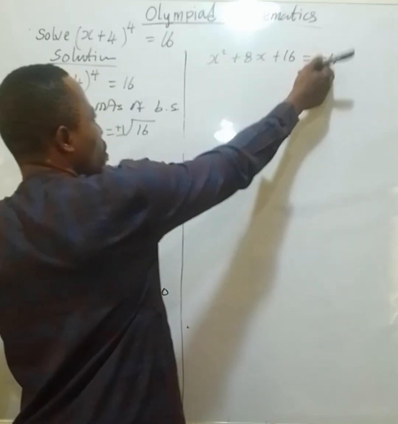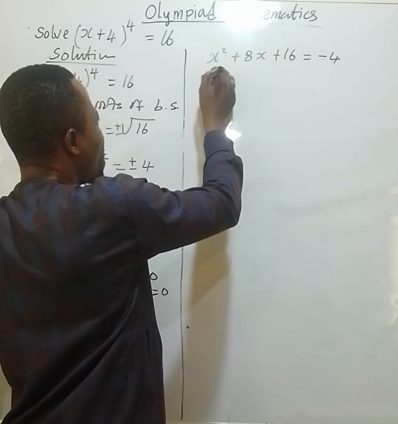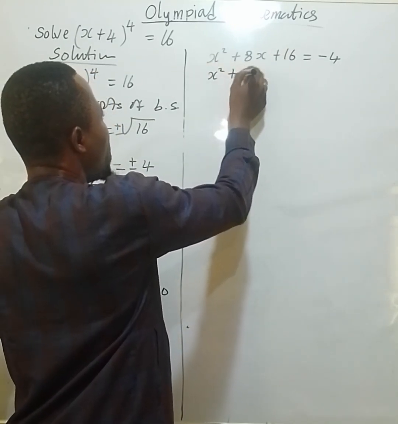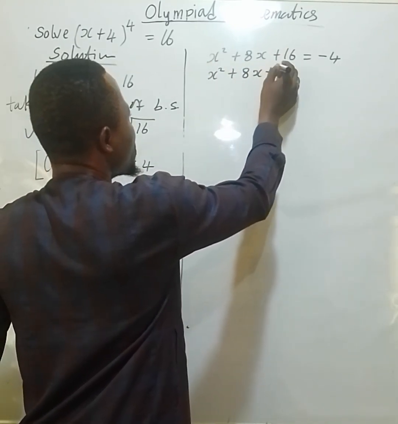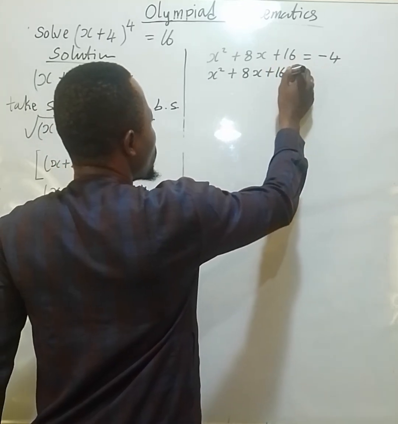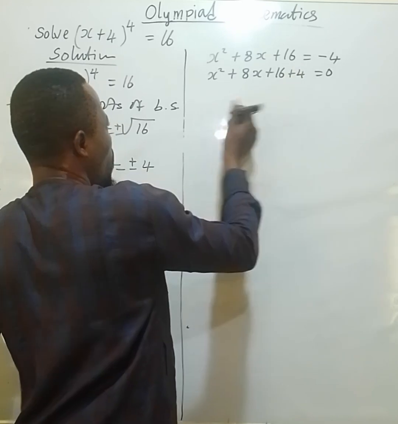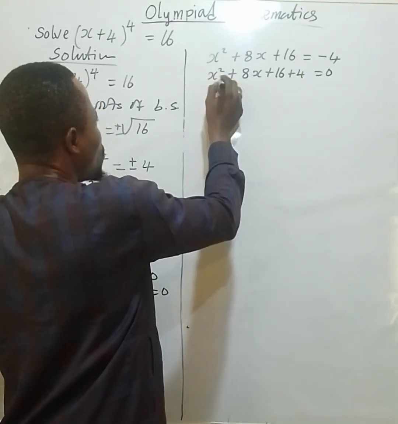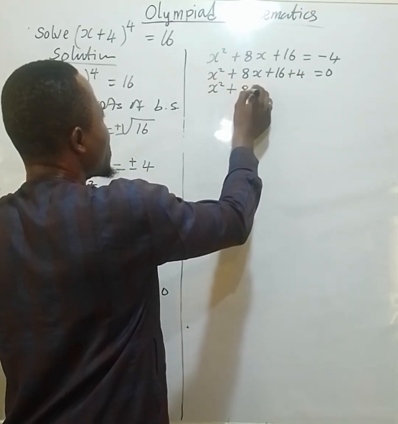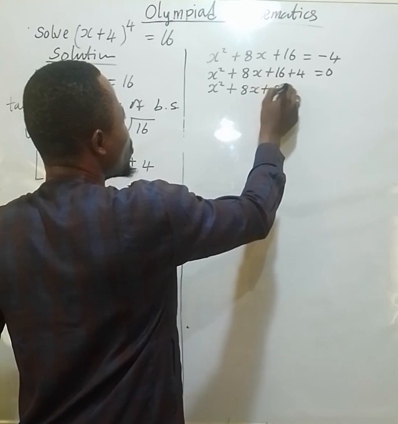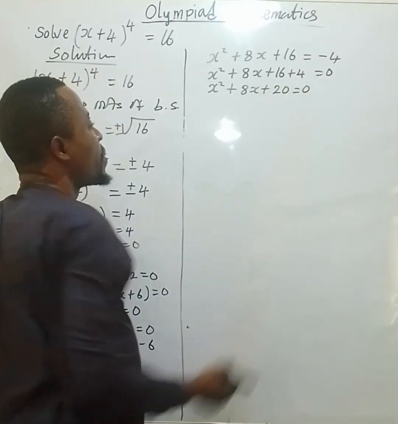So now this minus 4, we bring it in. It will now give us x squared plus 8x plus 16 plus 4 equals 0, because when you bring it in, minus will turn to plus. So we now have x squared plus 8x, 16 plus 4, that's 20, equals 0.